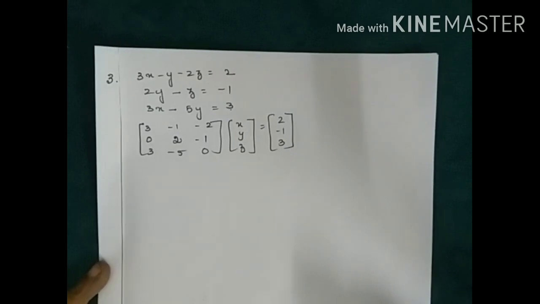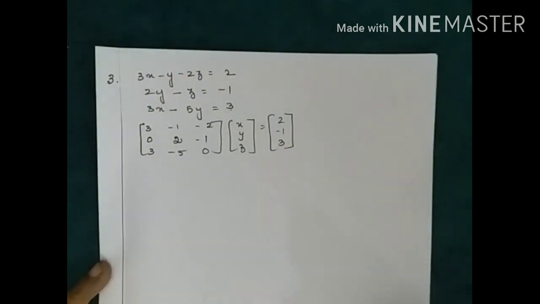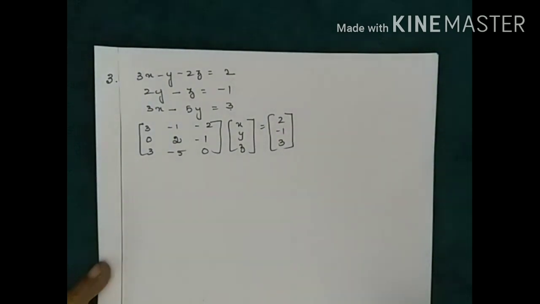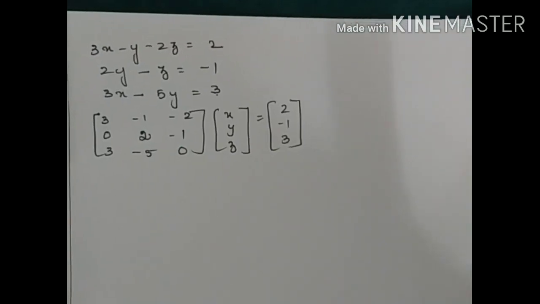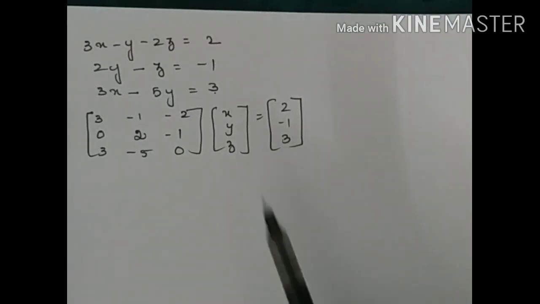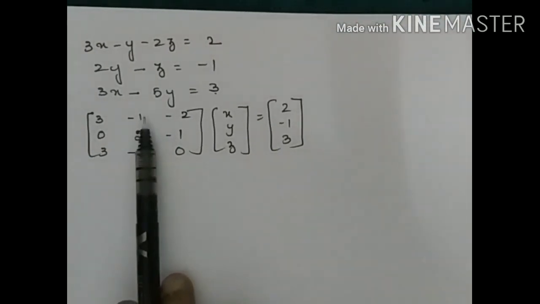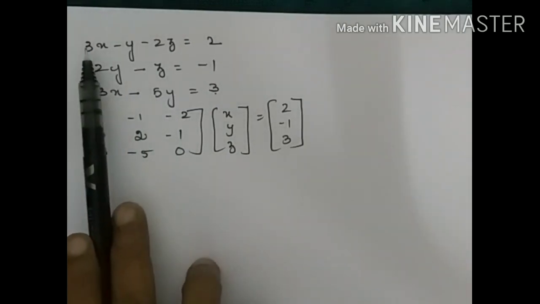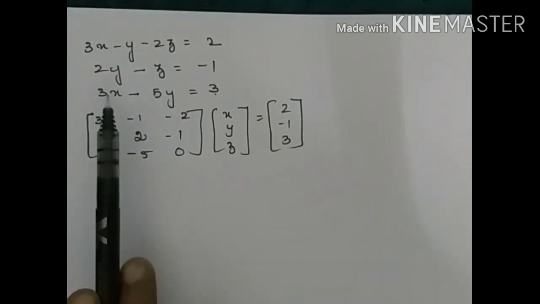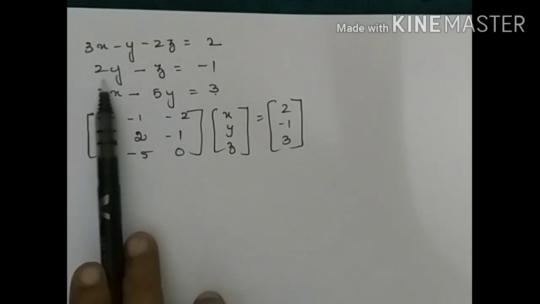Question number 3. 3x minus y minus 2z equal to 2. 2y minus z equal to minus 1. 3x minus 5y is equal to 3. So first we have to write this in the matrix form. So 3 minus 1 minus 2, the coefficients 3 minus 1 minus 2. So then here no x.